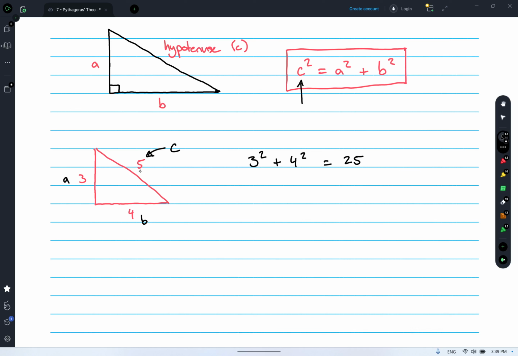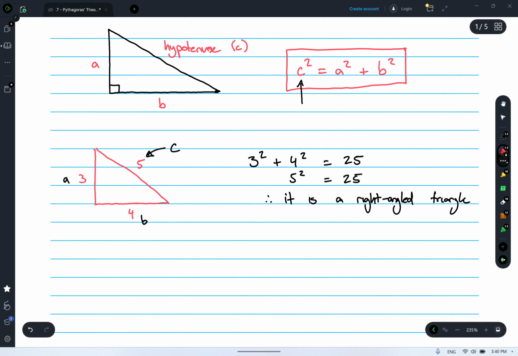And then if I did the hypotenuse squared now, which is 5 squared, I see that this is also 25. So because we see that both of these are equal to 25, that means therefore it is a right-angled triangle. Because it worked, because they both ended up being 25.